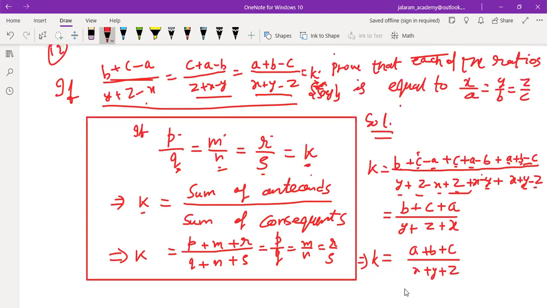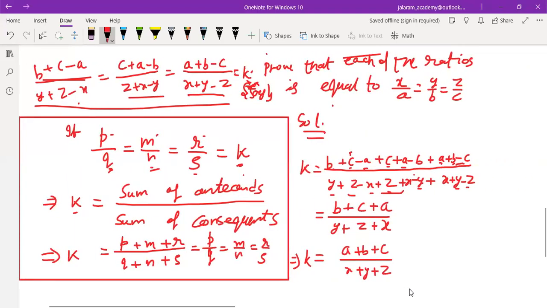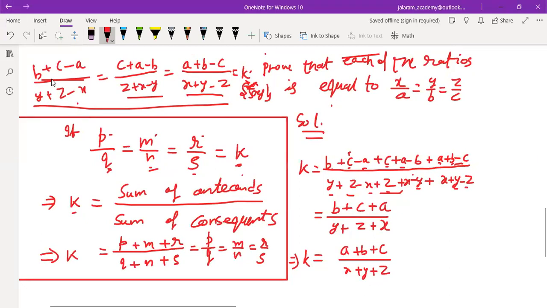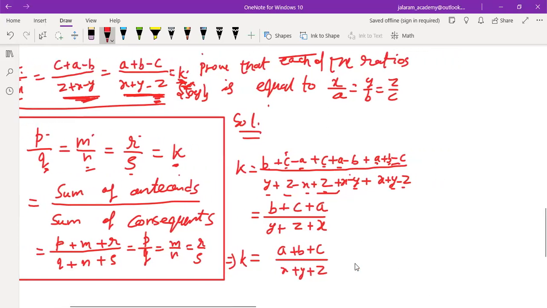Now remember these terms are also given: (b plus c minus a) upon (y plus z minus x) is also k, (c plus a minus b) over (z plus x minus y) is also equal to k, (a plus b minus c) over (x plus y minus z) is also equal to k. And one more thing, we have proved that (a plus b plus c) over (x plus y plus z) is also equal to k.